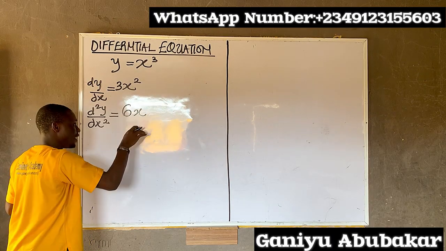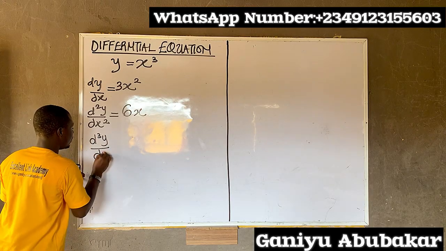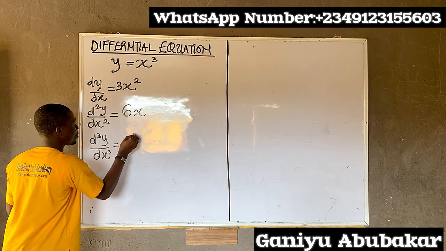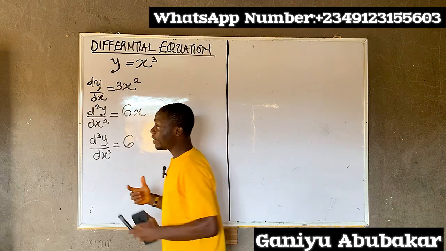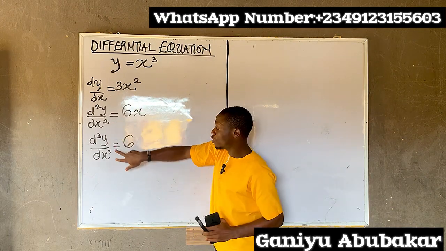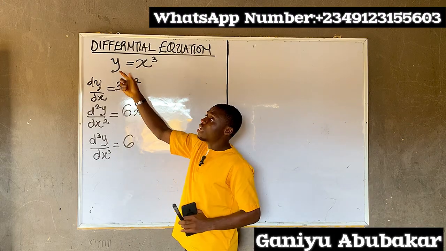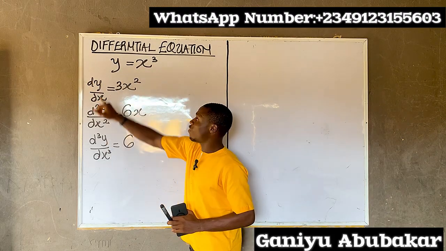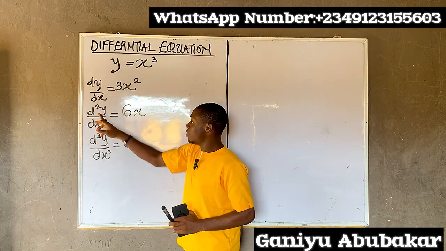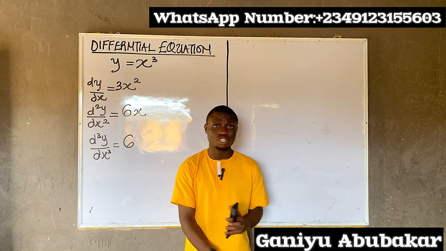Differentiate this answer again, that gives you d cubed y over dx cubed, which is of course 6. So this is my first derivative, second derivative, and third derivative. I had x cubed as my question. When I differentiate it once, I have dy over dx, twice d squared y over dx squared, thrice I have d cubed y over dx cubed.